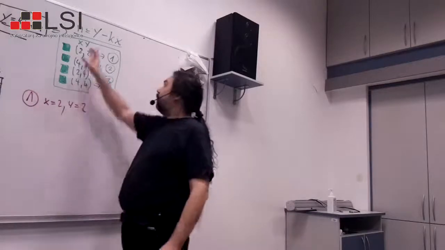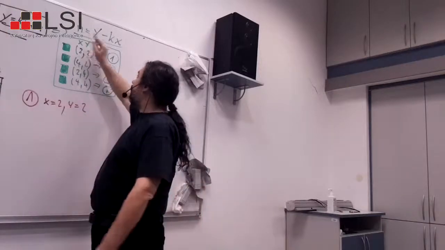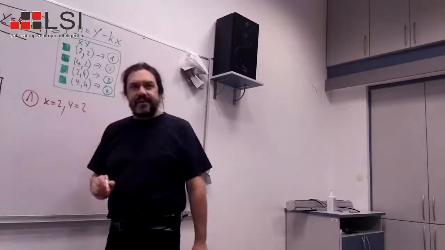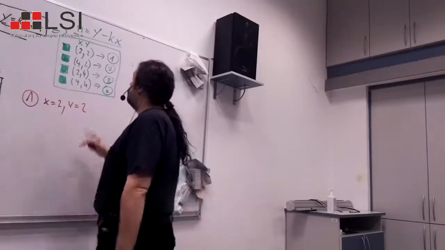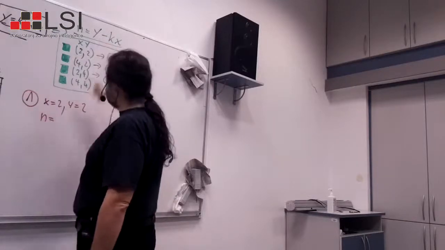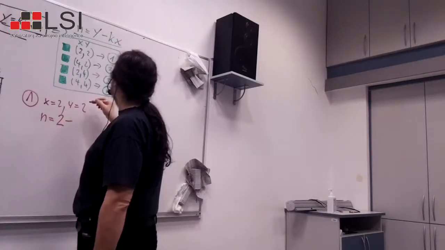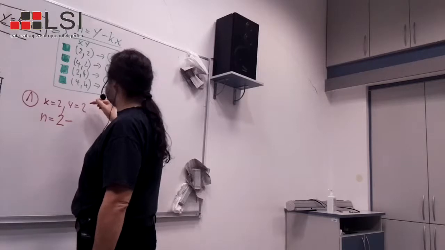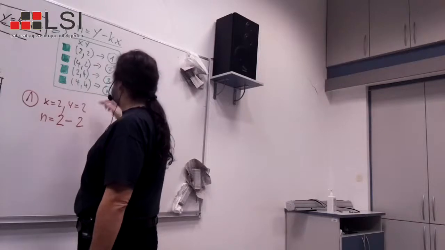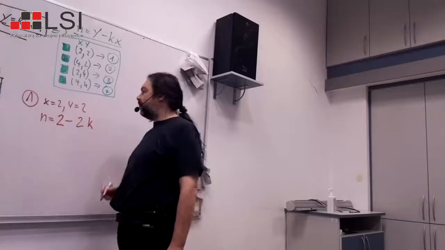Now we have this equation here, and be careful: our equation assumes that Y and X are constants. So we'll write the equation out, and it will be N is Y, here 2, minus X, which is also 2, times K. So this is our equation for the first line.